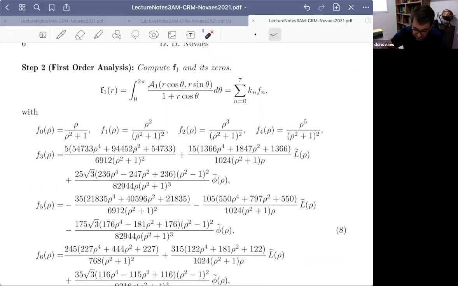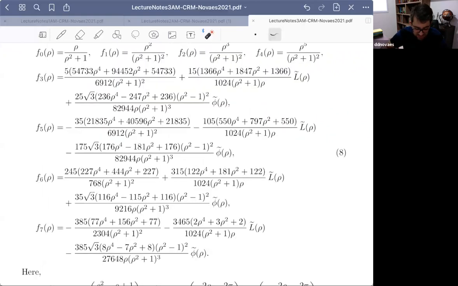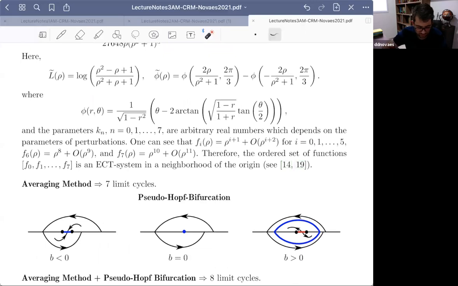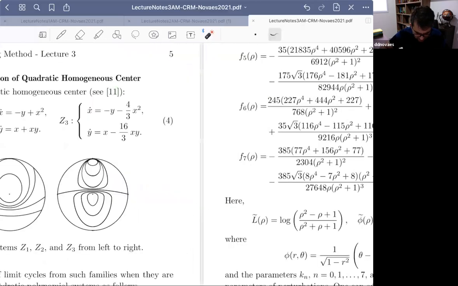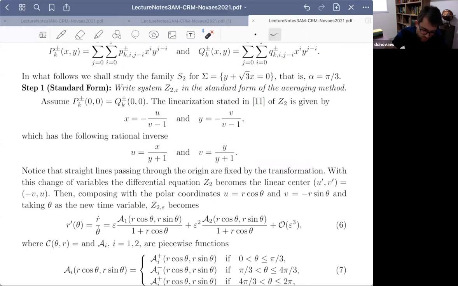We can find suitable coefficients k in order that F1 has 7 zeros near ρ equal to 0. So these are 7 simple zeros. This means that the averaging method provides 7 limit cycles. I didn't say, but this is done assuming that the polynomial perturbation vanishes at the origin.